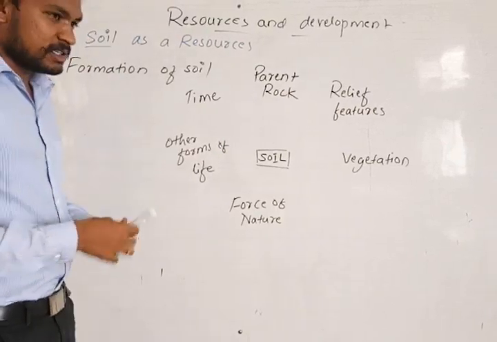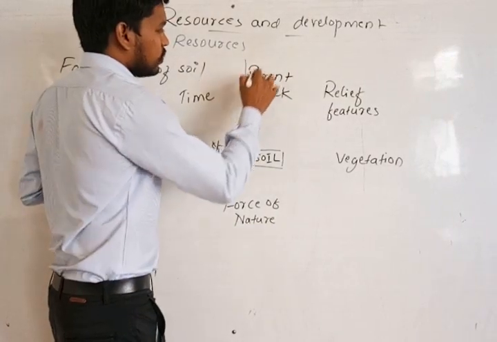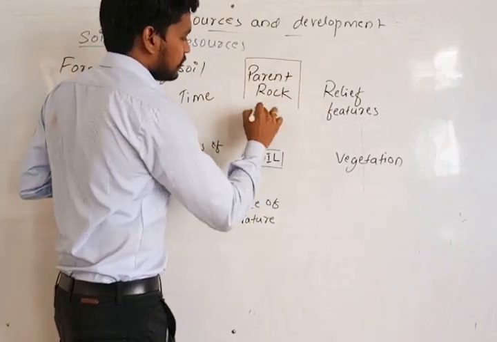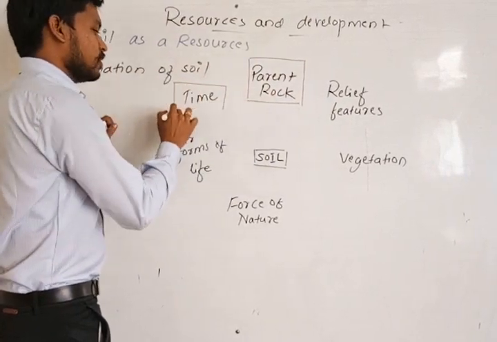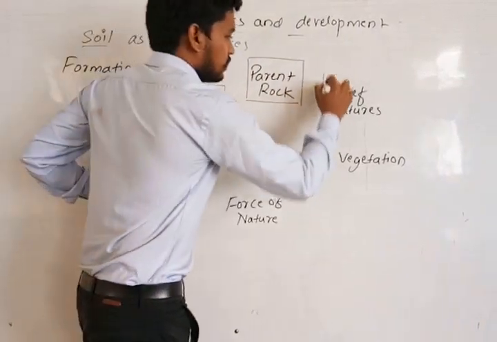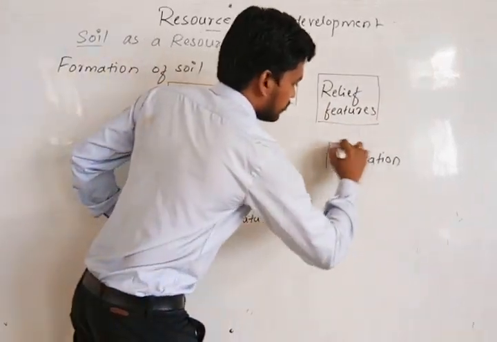So these are all the factors. First one is the parent rock. In time, I will discuss deeply about all these factors. Till then, draw all these pictures along with the labels.